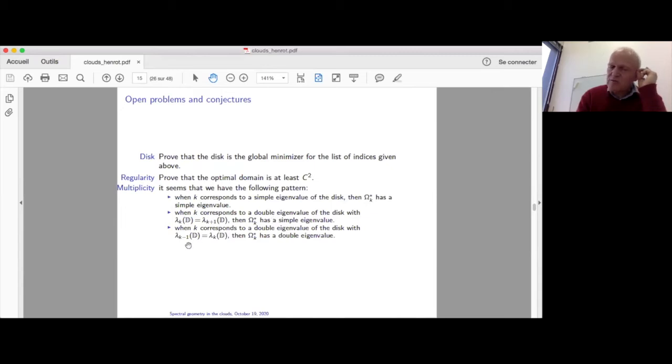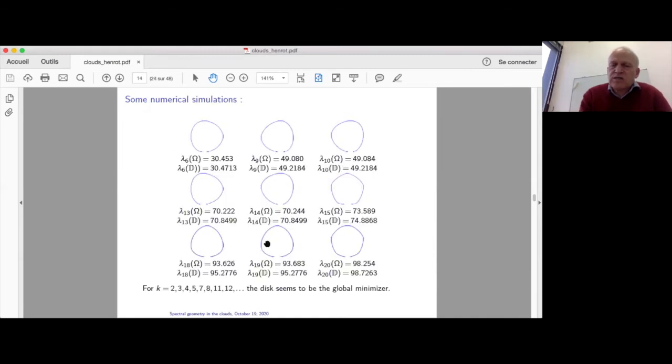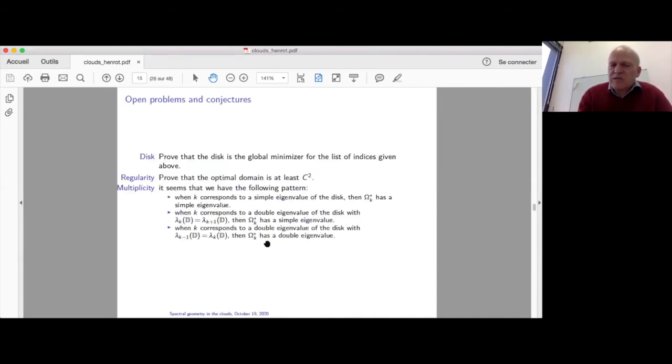And when k corresponds to a double eigenvalue of the disk with a higher index, it seems to be a double eigenvalue. This is very strange because, as we have seen in the previous picture, these domains are not related to the disk, but the pattern of multiplicity seems to be related to the disk. So I have no explanation of that.